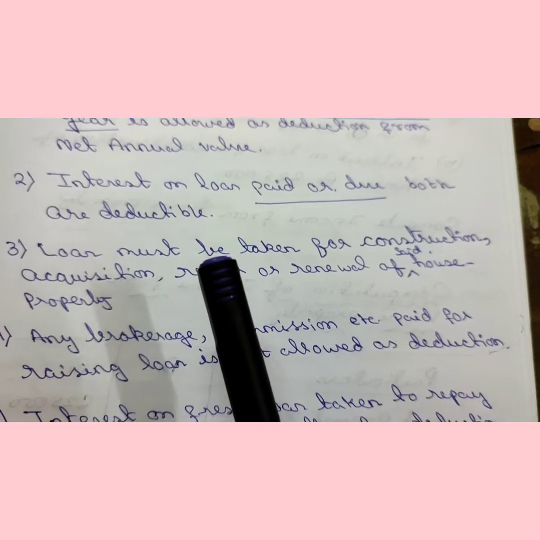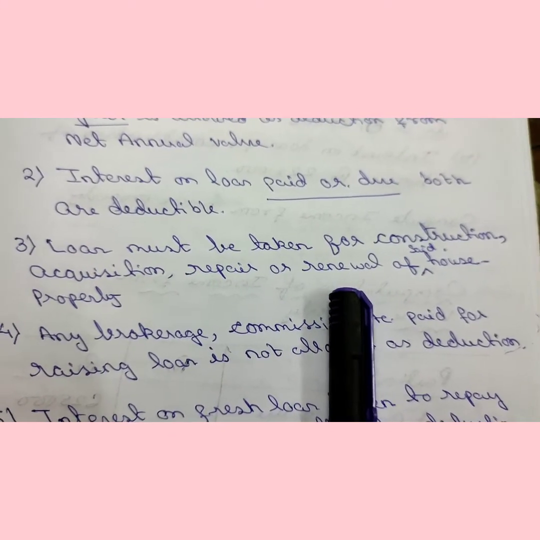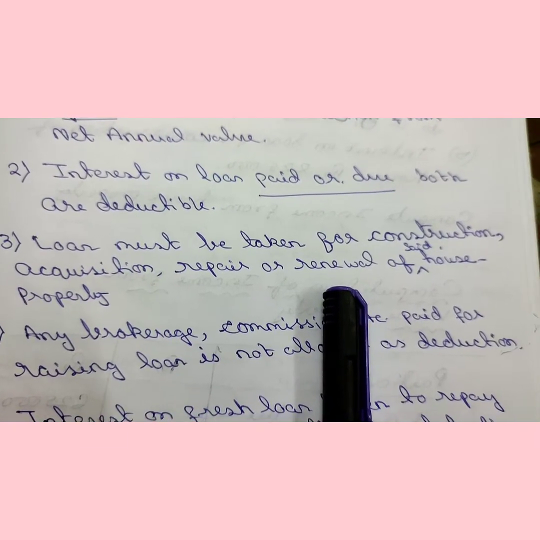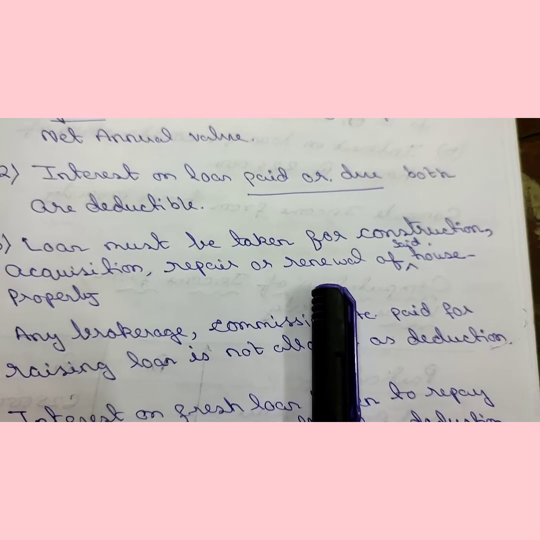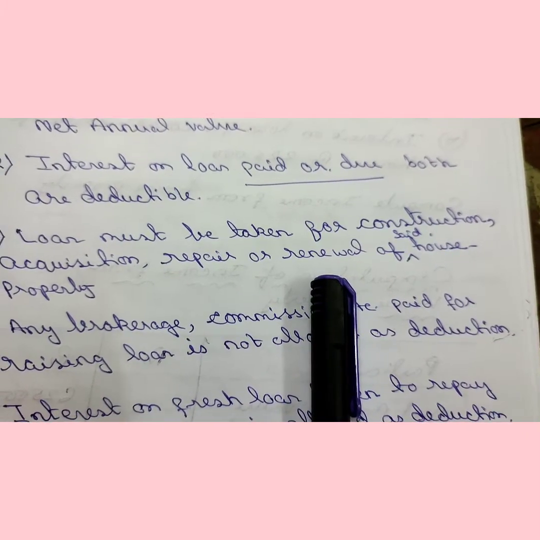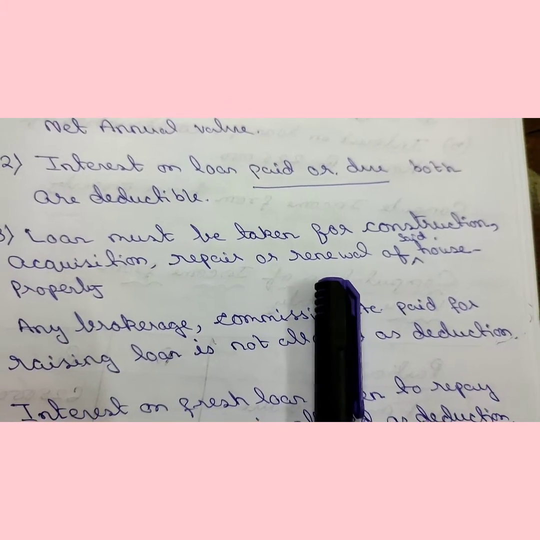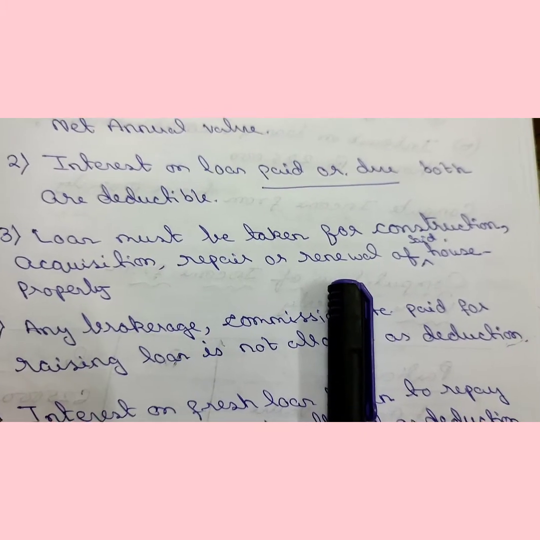Suppose one person has two houses, house 1 situated at Kolkata and house 2 situated at Mumbai. Now the interest on loan for the house purchased in Mumbai is not deductible in Kolkata's house. It will only be deductible from the Mumbai house.